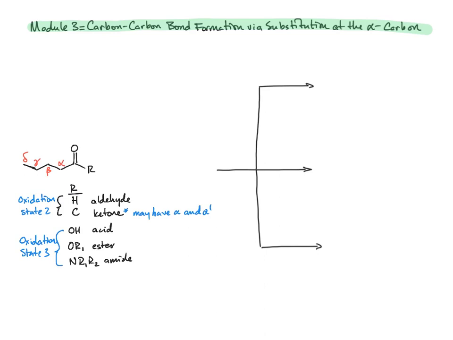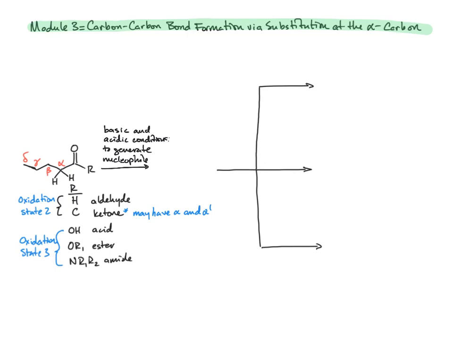So we're concerned with the alpha carbon. This particular alpha carbon has 2 hydrogens. We are going to examine both basic and acidic conditions to generate a nucleophile.